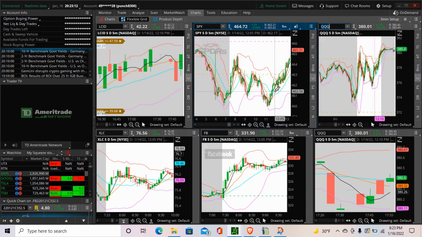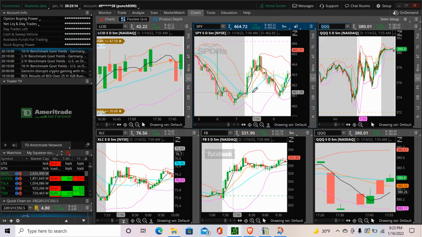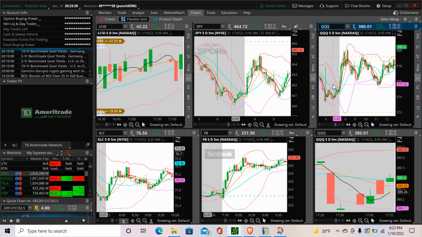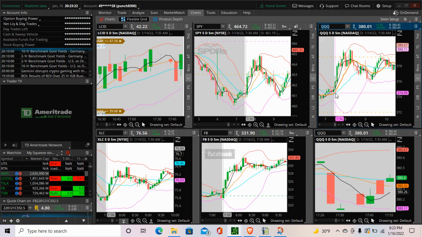And then if we looked at the SPY and the QQQs, and really focus on the QQQs, you can see where it came in and made that same move right back up to, I think that's a daily level. But you can see how these moves mirrored each other.